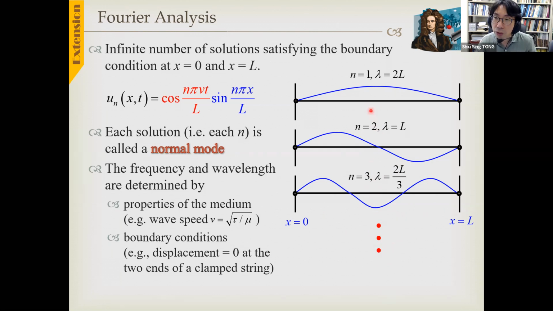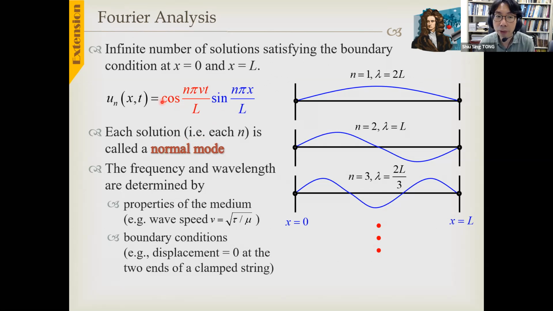Now, so that constitutes different solutions to the wave equation with this boundary condition. Okay, and all these standing wave solutions that can exist on the string satisfying the fixed end boundary condition are called normal modes. Okay, normal mode refers to these solutions.